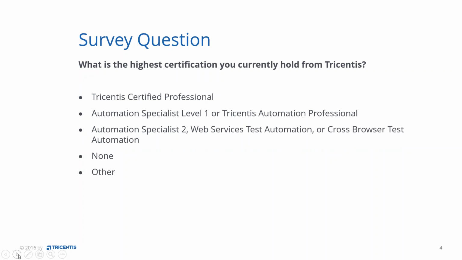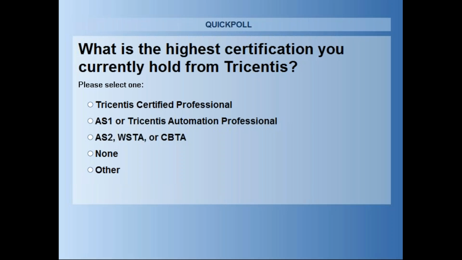The first thing we'd like to do is launch a poll question. A question should appear on your screen right now, and each person can have a few seconds just to go in, click on the answer that is applicable to you. The question is, what is the highest certification you currently hold from Tricentis?